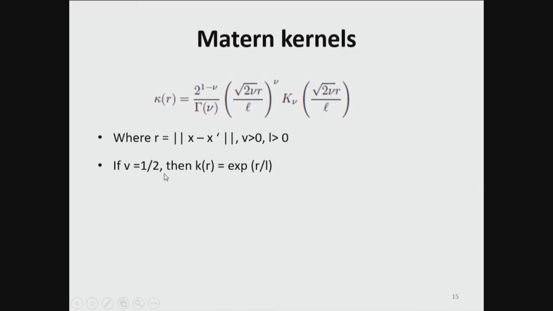And if V is equal to 1 upon 2, this can be reduced to a much simpler formula given by e raised to minus R by L. Then any kernel given using this formula is said to be a Matern kernel.